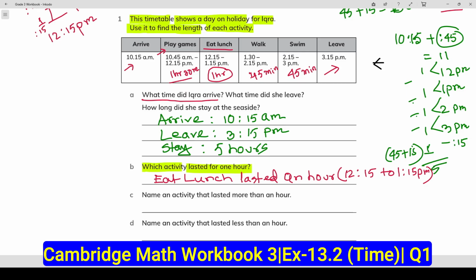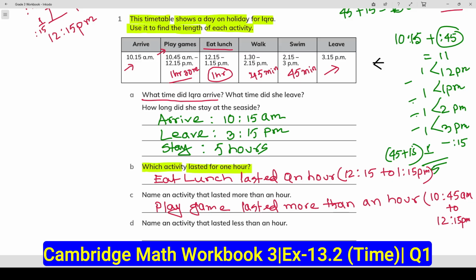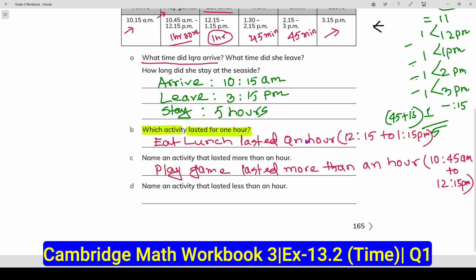So we can say play games lasted more than an hour, which is 10:45 a.m. to what, 12:15 p.m. Okay.